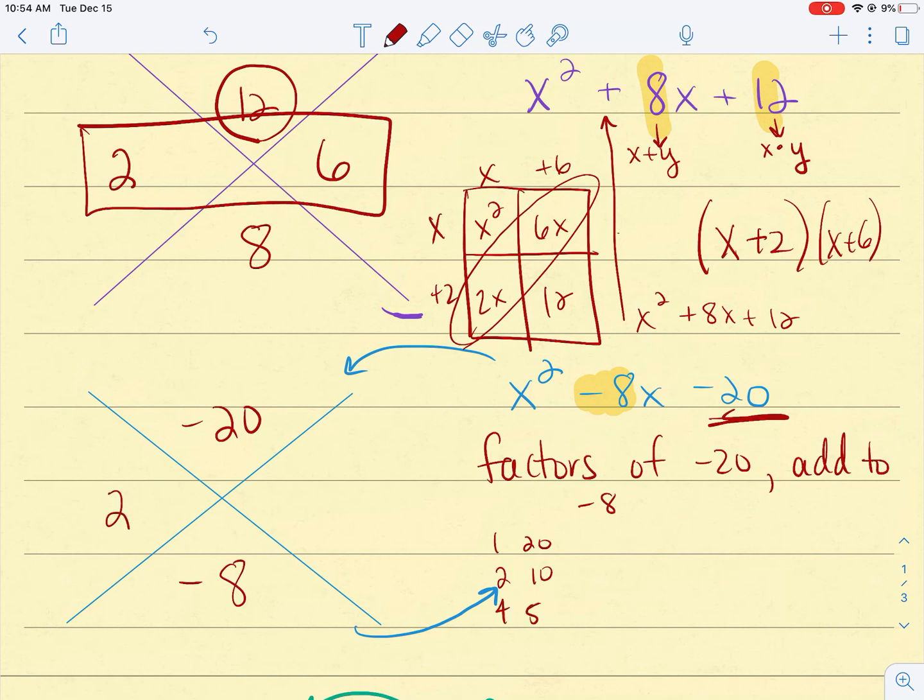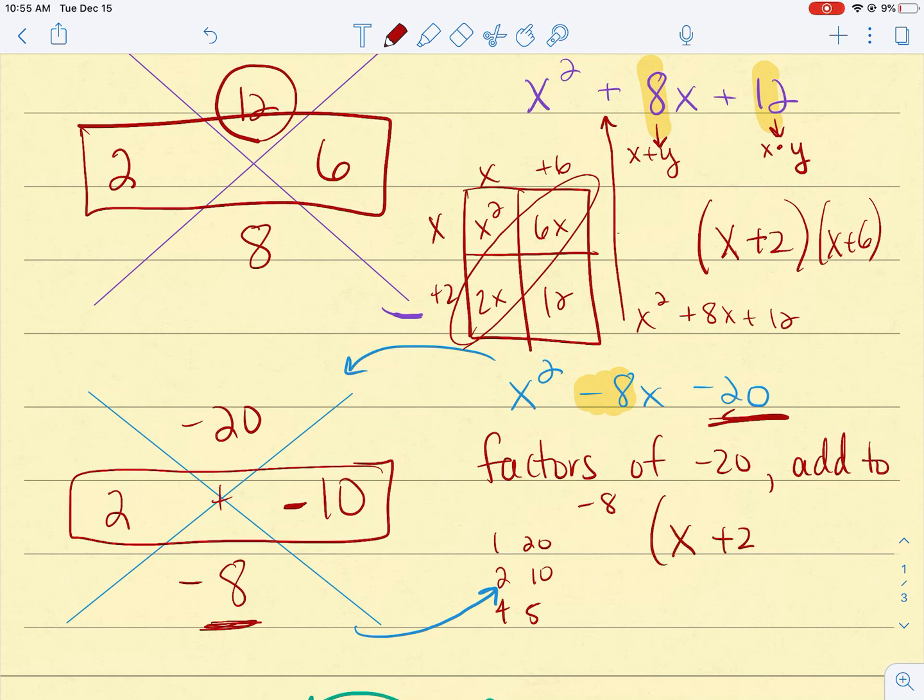Okay, so I think it's going to be 2 and 10, but there's going to be a positive and a negative. I need negative 8. So I'm going to do 2 plus a negative 10 would give me negative 8. So these are my two factors. So when I write this, x plus 2, x minus 10, this is my factored form right there.